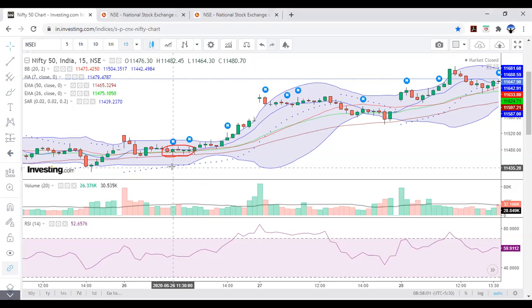The stop loss at this level, as compared with the parabolic SAR or Bollinger Band, is the same for both levels: 11,443. As a round figure we take 11,440. And the target may be at most above the Bollinger Band or limited to the Bollinger Band, like 11,500.